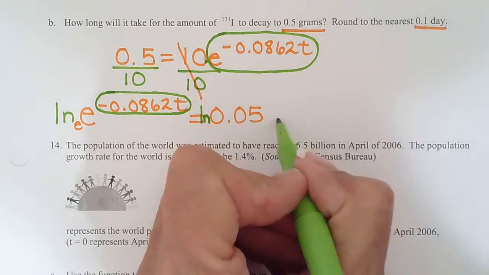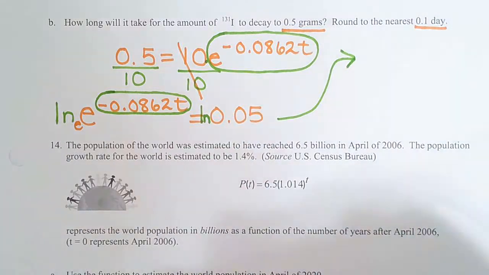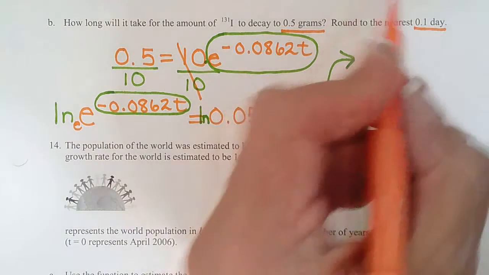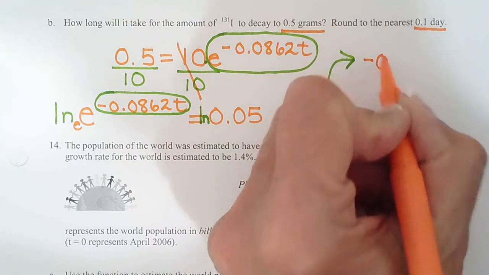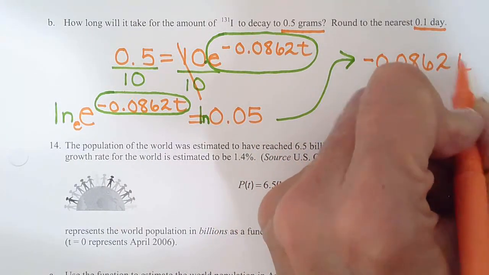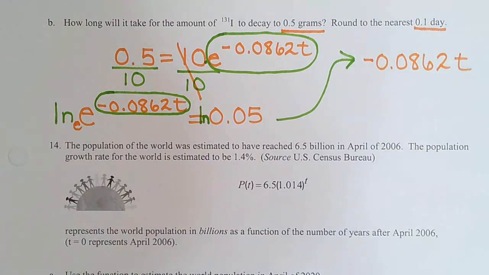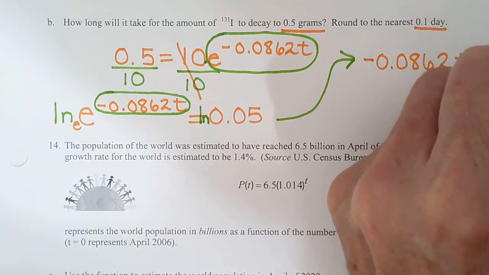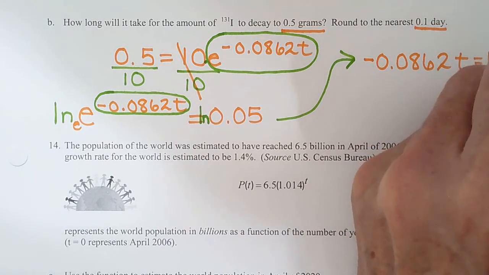So my next step is to say, oh, well, this is gone. They undo each other. So my answer is negative 0.0862t equals natural log of 0.05.